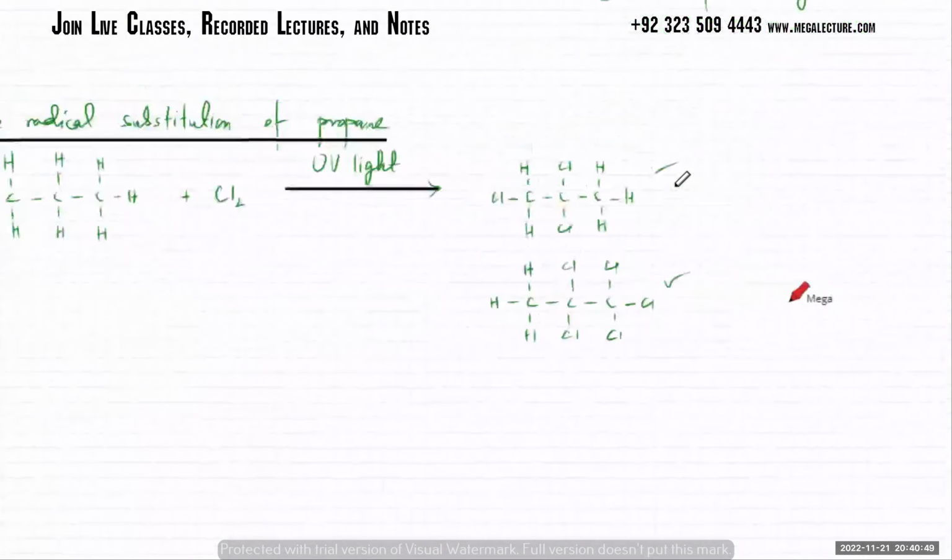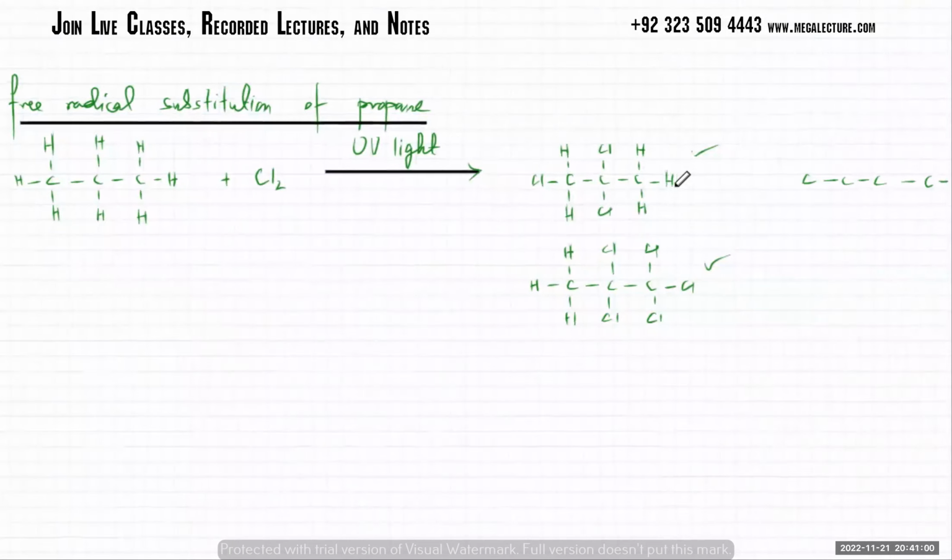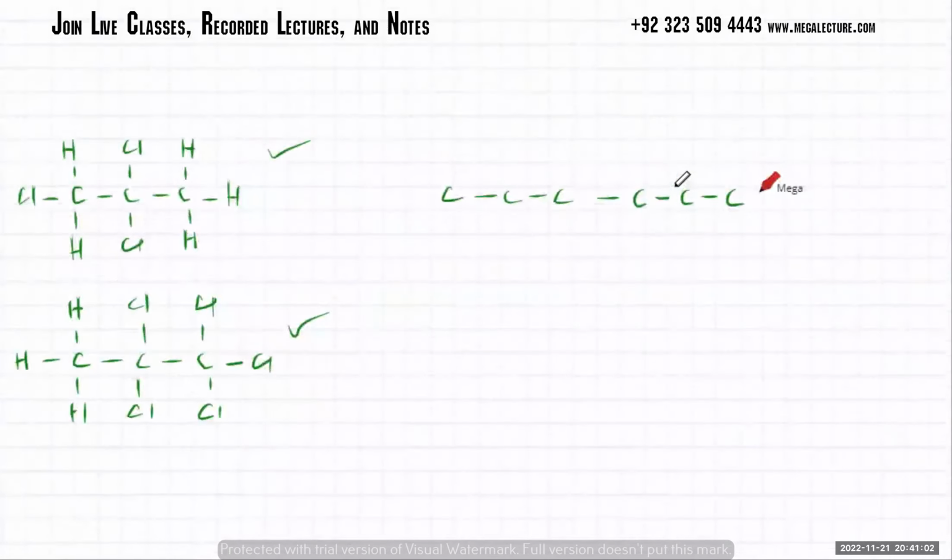Okay, now tell me, so this is free radical substitution. Will this form? Will you get a 6 carbon atom molecule like this?